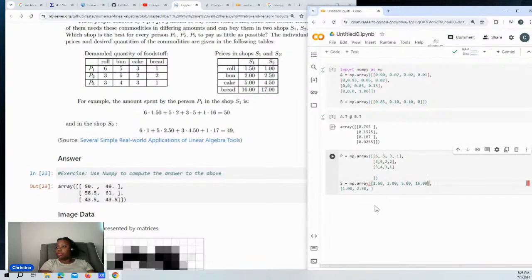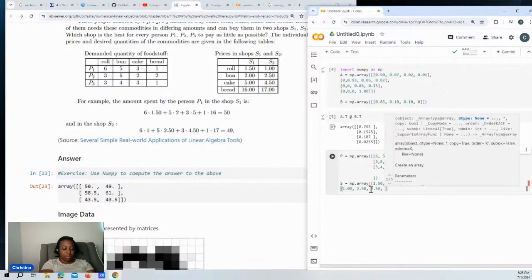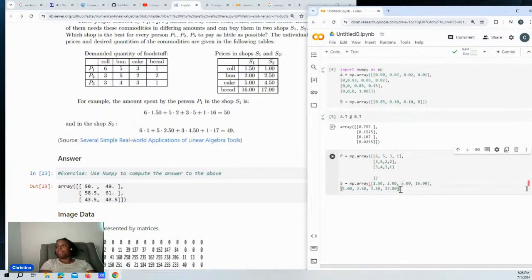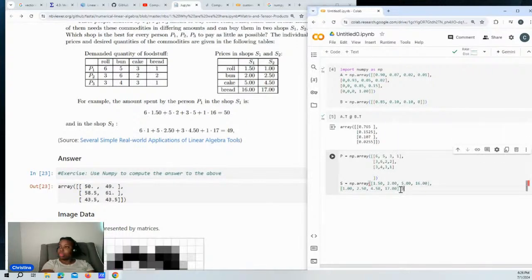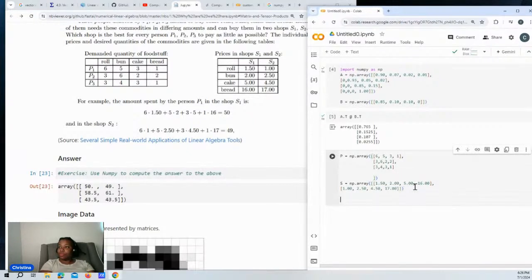I know it doesn't necessarily matter, but okay. So we have those two.